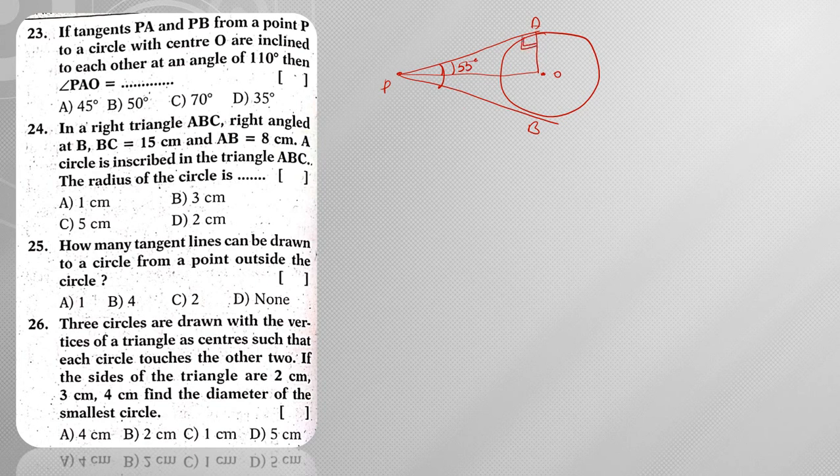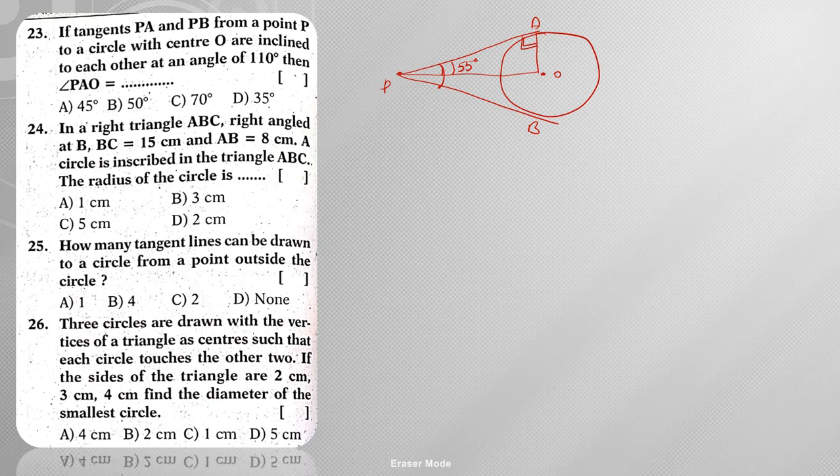And this is 90 degrees, already we know. Then what is he asking? Angle PAO is 90 degrees, there is no need to discuss that. So it is not PAO, it is POA.